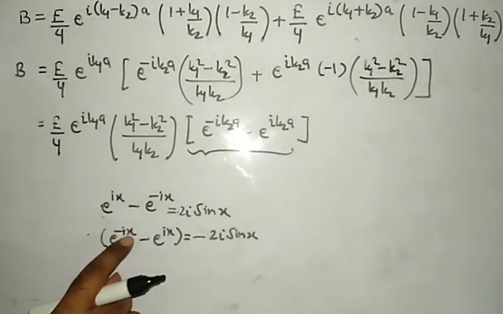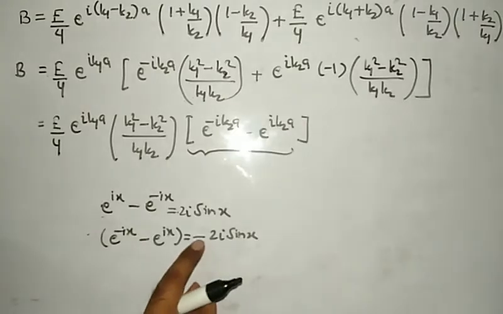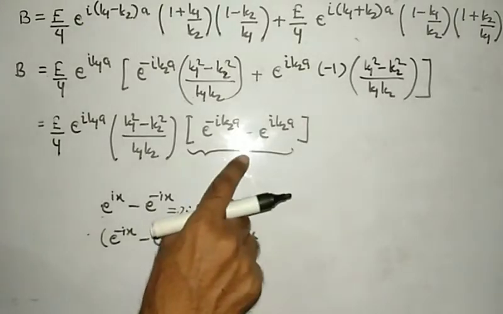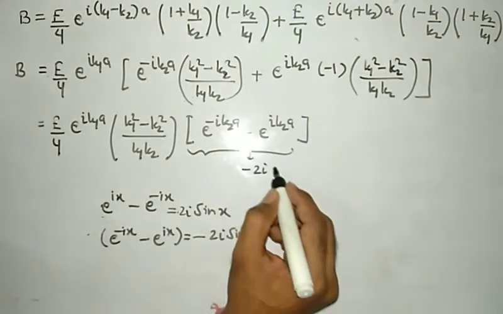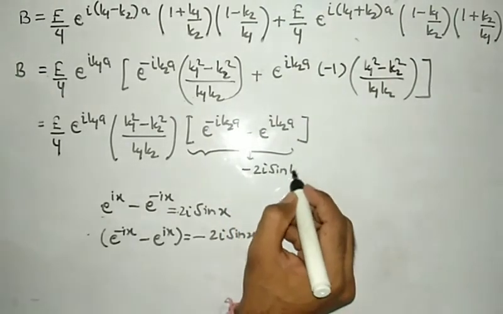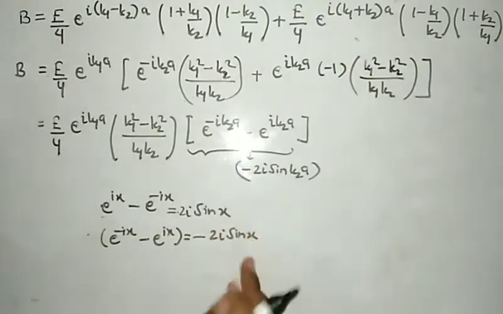So when x is equal to k2a, this will become minus 2i sin k2a, which is the case here.